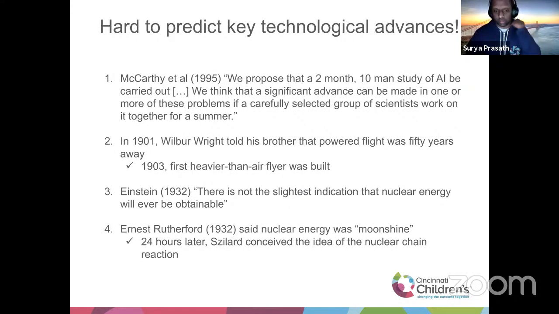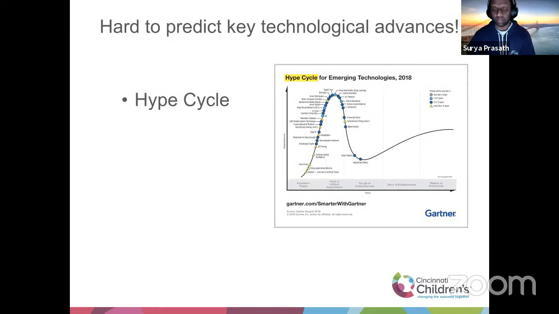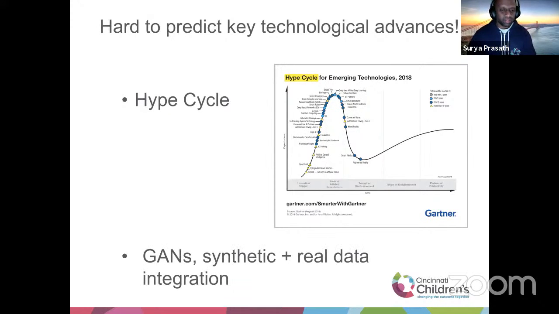Here are some historical anecdotes of people trying to predict the future, which is always a very hard thing to do. There is a lot of hype cycle for AI. Here is a nice figure showing how deep learning has been hyped. It is certainly really useful compared to standard machine learning models and image processing models, but it's really hyped.